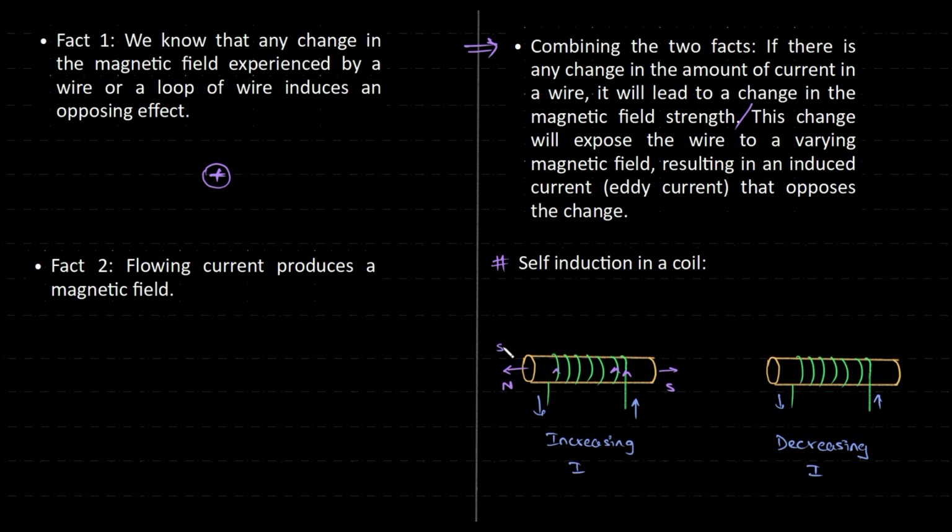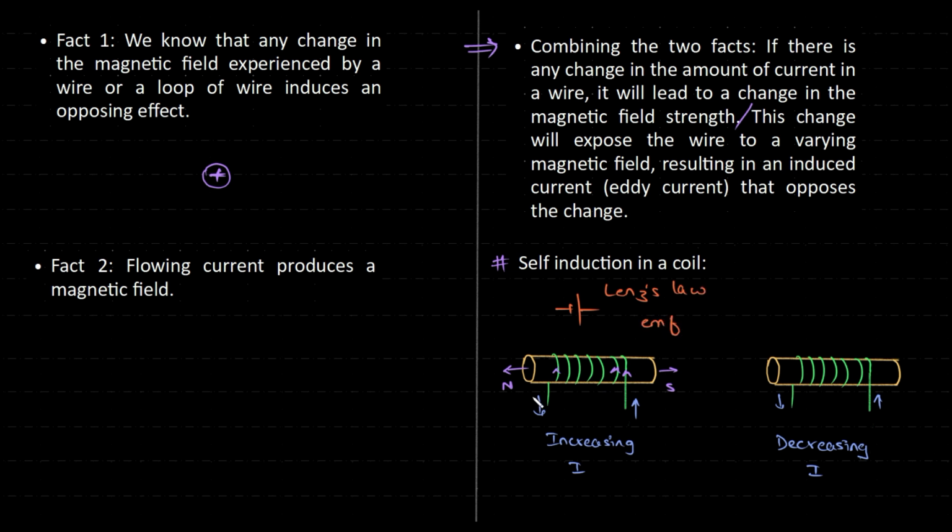This will be south and that will be north, right? Opposing. So it has to be in the opposite direction. So basically your induced current will be in the opposite direction in this way. That's your Lenz's law EMF.